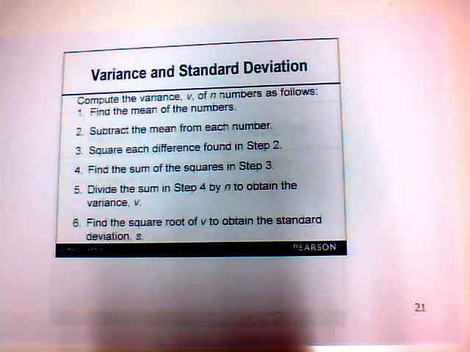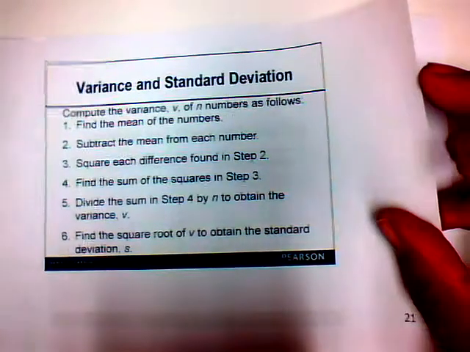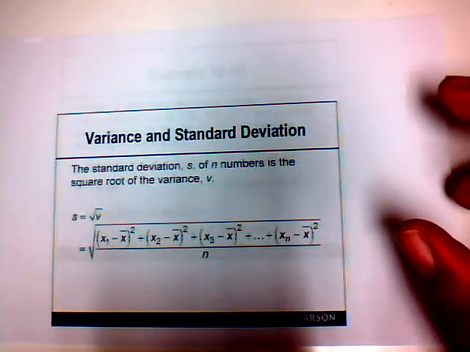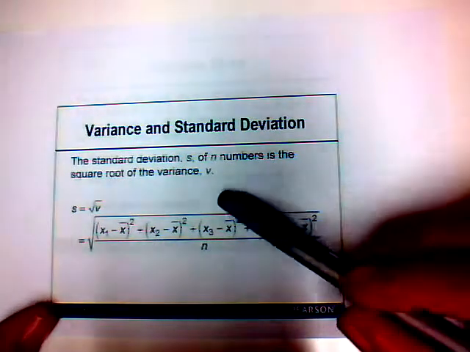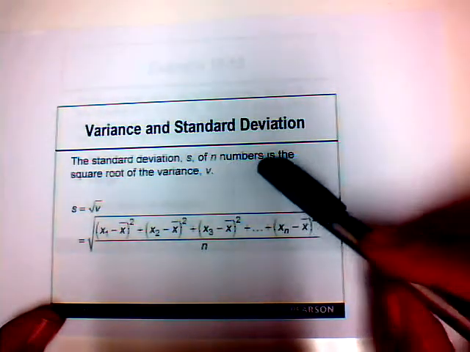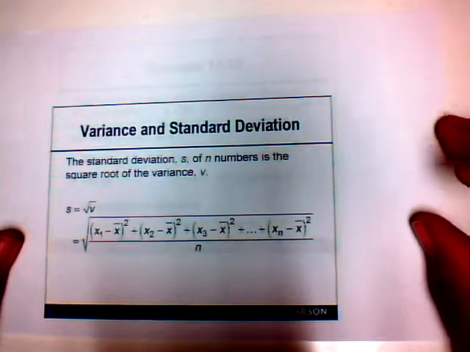And once you find the variance, finding the standard deviation is going to be easy because you're going to take the variance and get a square root. Because here the standard deviation of something is always going to be equal to the square root of the variance. Okay, so here the standard deviation, which is going to be lowercase s, of n numbers, is the square root of the variance, as you can see here.